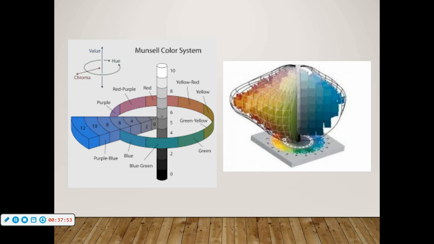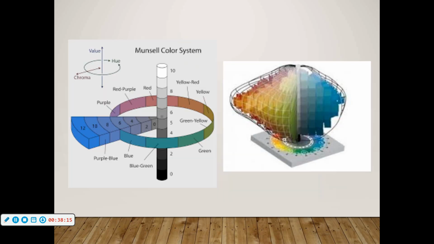And then the hue, which is what we normally experience as, I think, what we think about as colors, like red, green, yellow, blue. All of those are hues. And then the chroma, which is how close or far away these colors are from a theoretical neutral gray. So how bright are they, or how muted are they, is our chroma.